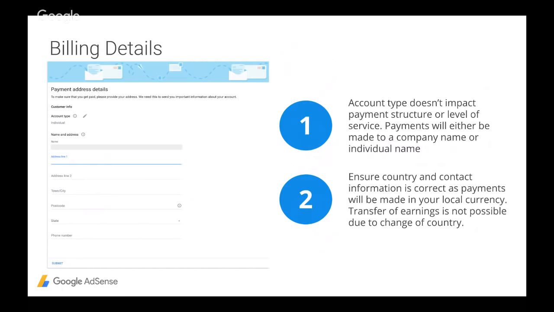Also, please ensure the country and the contact information are correct, because let's say you are based in country X, but you made a mistake and opened your AdSense account through country Y. It is not impossible, but it is quite difficult to change your country, and also you might not be able to get paid for the earnings you accumulated in the wrong country. So please beware when you are putting in the address details to put all the information very correctly.